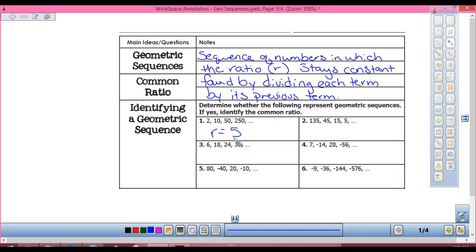What are they doing in number 2? How are you able to find that? Yeah, you could multiply the other way, or remember you can take the term and divide it by its previous term. So I can go 5 divided by 15, or if I want to do 15 divided by 45, it's always the term divided by the previous term.